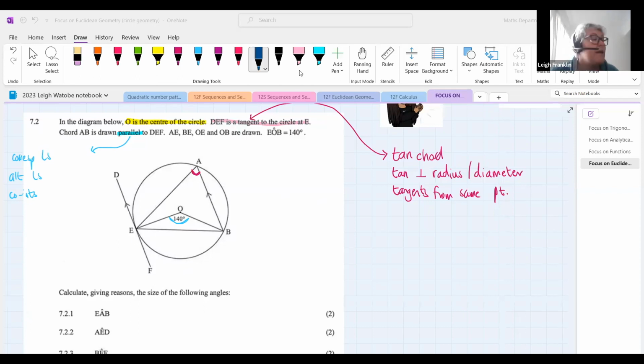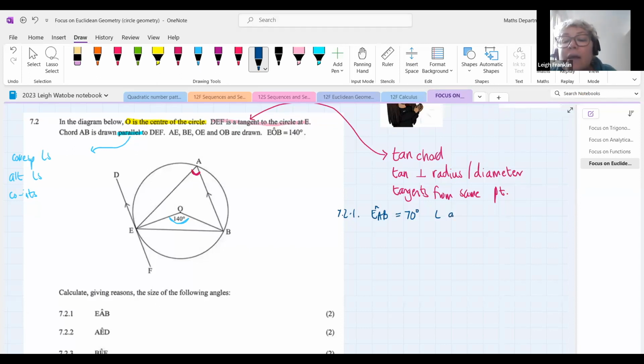Lumelo says A is 70. That's it. There we go. Lovely. Lumelo, that was perfect. You provided the reason as well. So in 7.2.1, we would say that EAB is equal to 70 degrees.